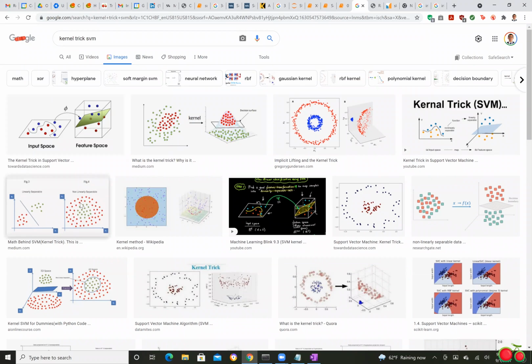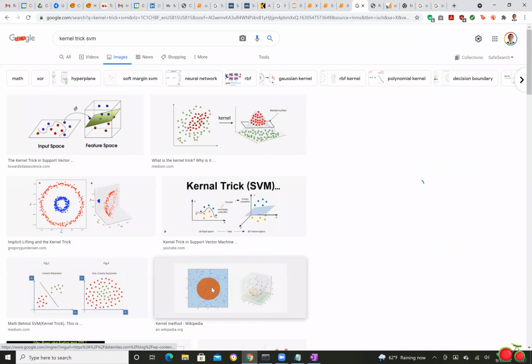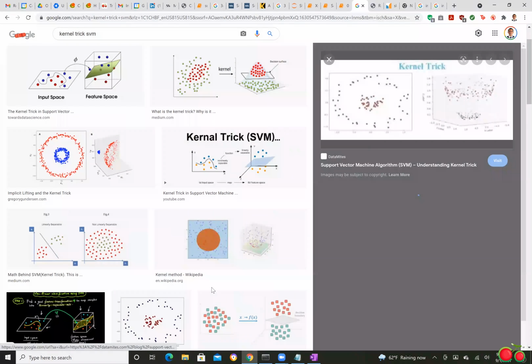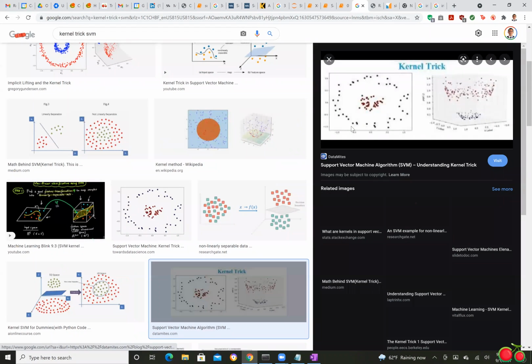So again, this is the same thing, all of these are the same. But look at this, it is even better. The data looks like two rings. These are red points in the center, and the blue points are all around it. How do you even draw any structure which separates these two groups out, which classifies these two groups?